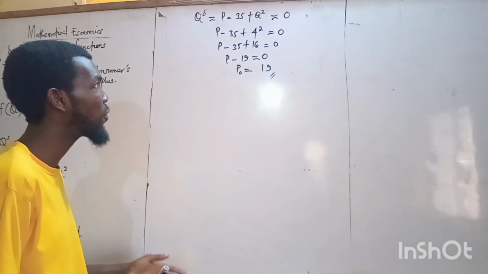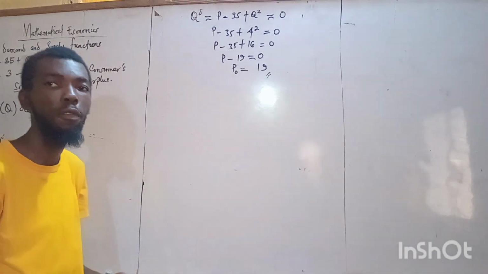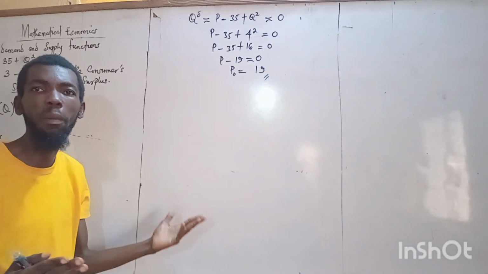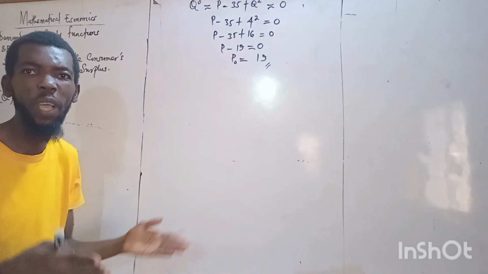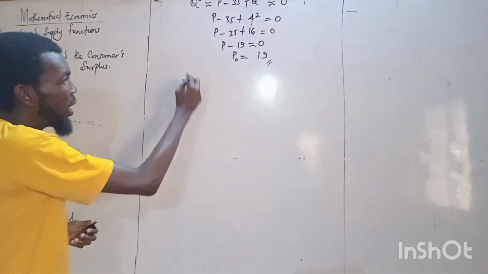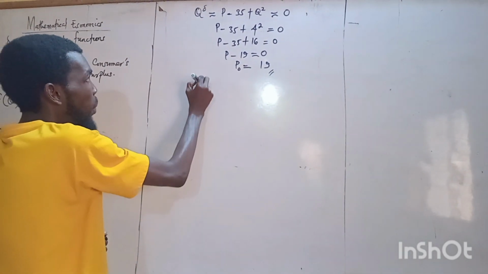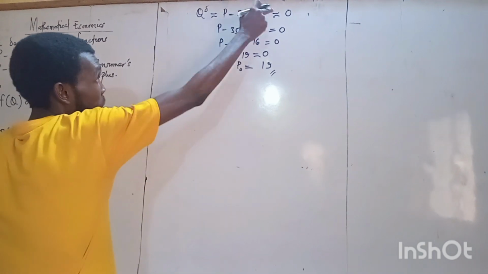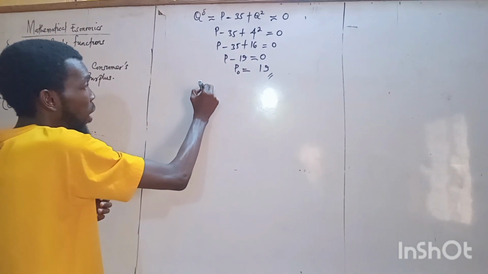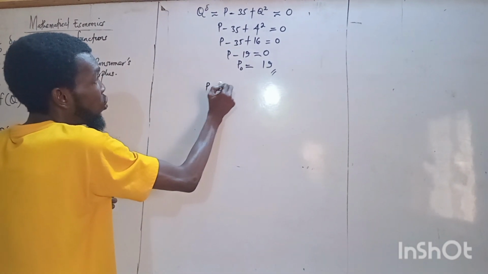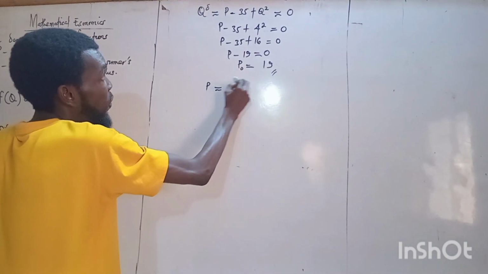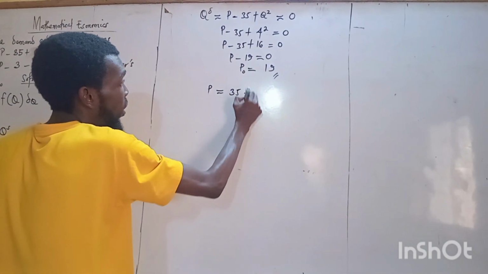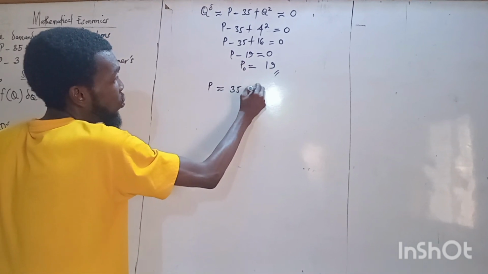So from the demand function, we have P and we have Q. We can make P the subject of the formula so that everything will be in respect to Q. P equals, when this goes to the other side, it becomes 35. And when it goes there, it becomes minus Q squared.